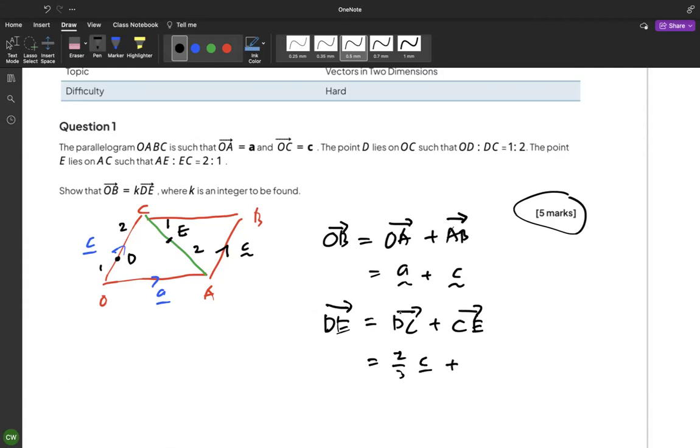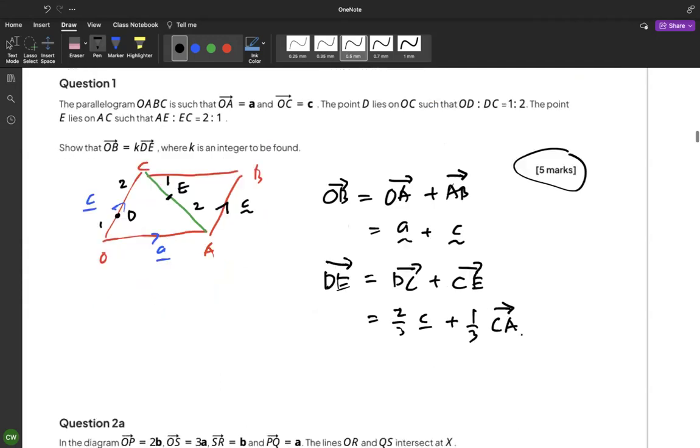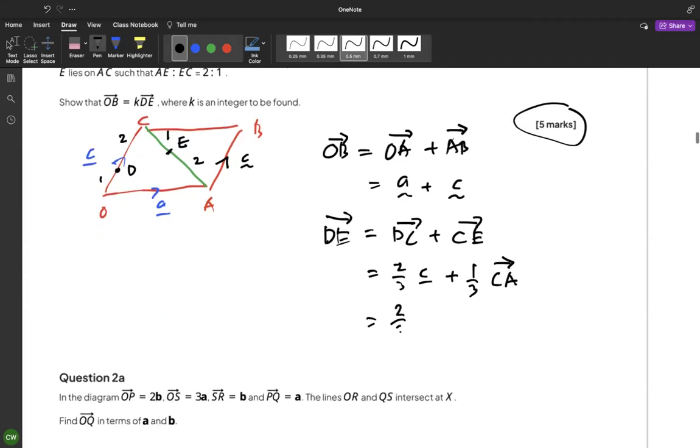How about CE? CE is 1/3 of CA, right? So what is CA? Negative C plus A. Can you simplify this?